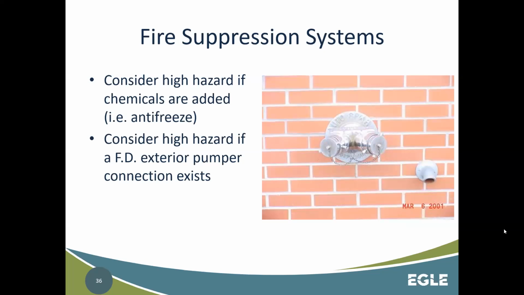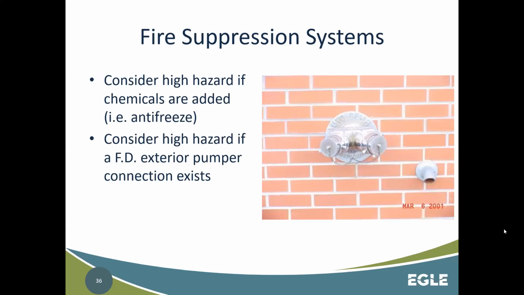Because what could happen then if you have these exterior pumper connections is that if there's additives left in the tanks of one of these pumper trucks, or if they've been drawing from surface water, and if anything was left from that, that could potentially get introduced to your potable water supply when they hook up.